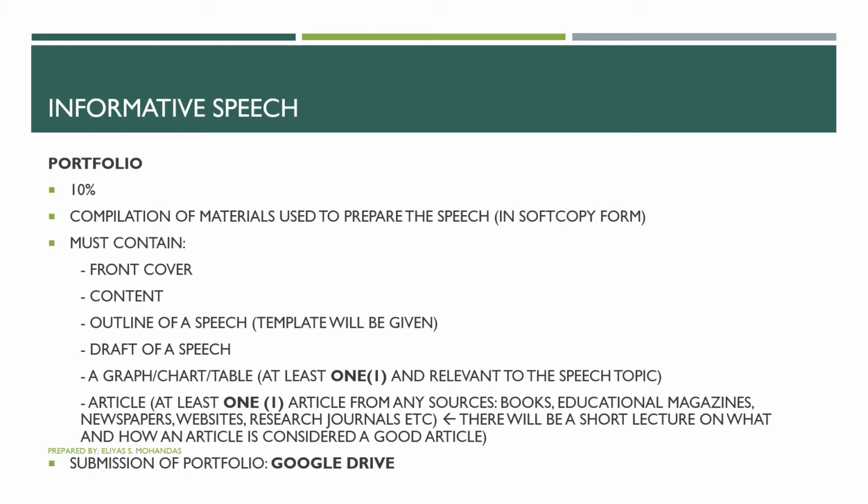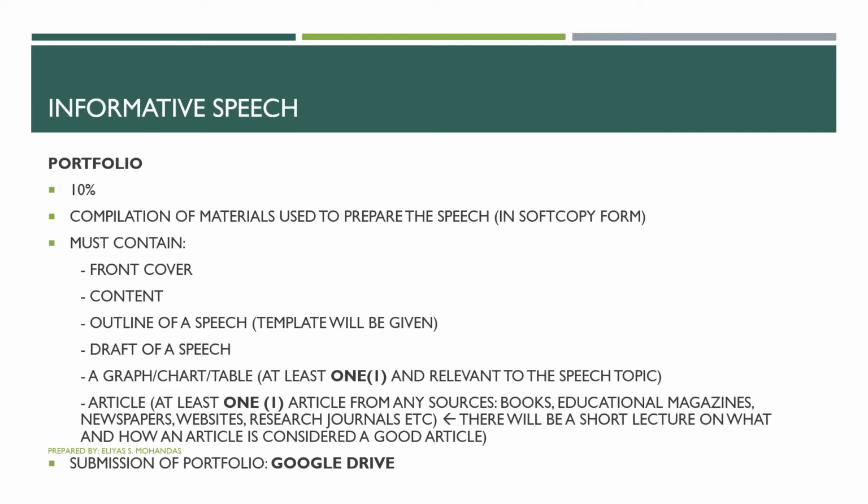But the changes have to be minor, not major. What are major changes? What are minor changes? Later, I will explain in some of the lecture videos. Also, in your portfolio, you must include a graph or a chart or even a table. You can choose a graph or a chart or a table, and I just need one. And that graph, chart or table has to be relevant to the speech topic.